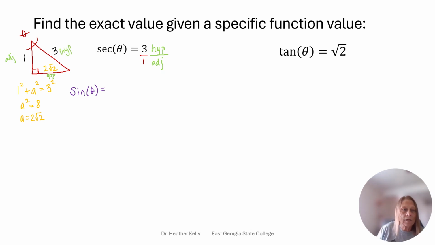Okay, so our sine theta is 2 root 2 over 3. Cosine theta, 1 over 3. Tangent theta, opposite over adjacent, 2 root 2 over 1, which is just 2 root 2.